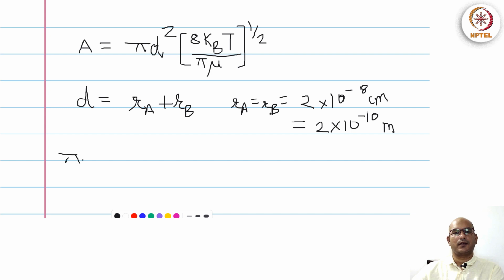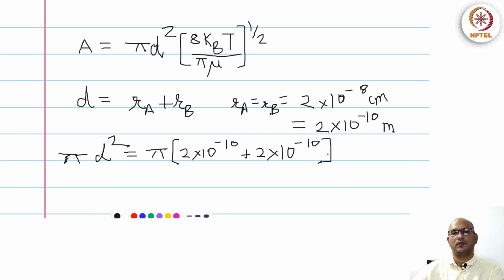So pi d square will be pi times (2 into 10 to the power minus 10 plus 2 into 10 to the power minus 10) whole square.